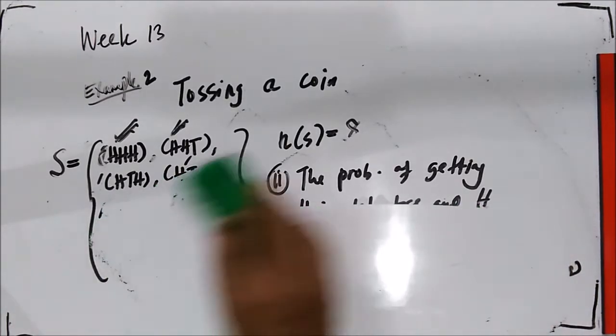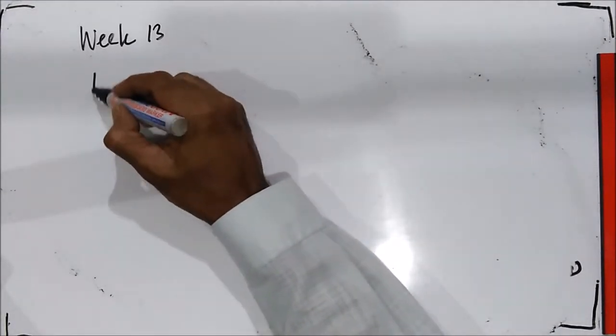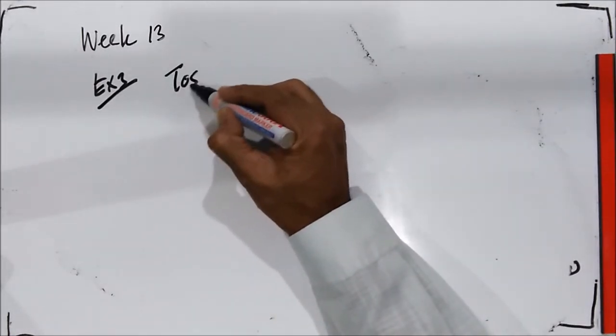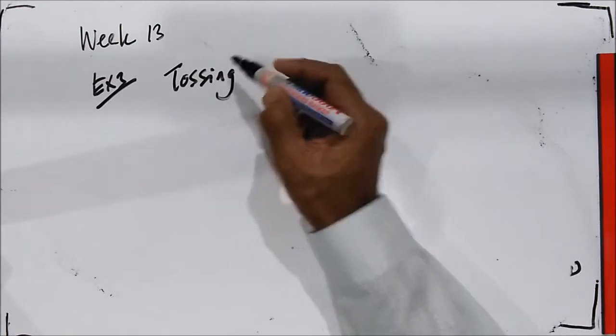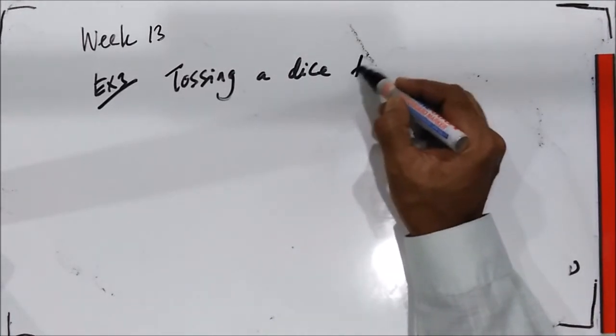So another example, let's say I have an experiment here, tossing a dice. Example 3, the experiment of tossing a dice twice.